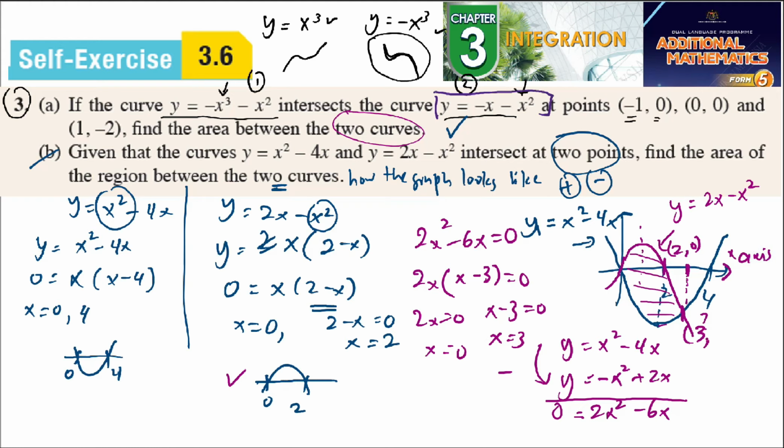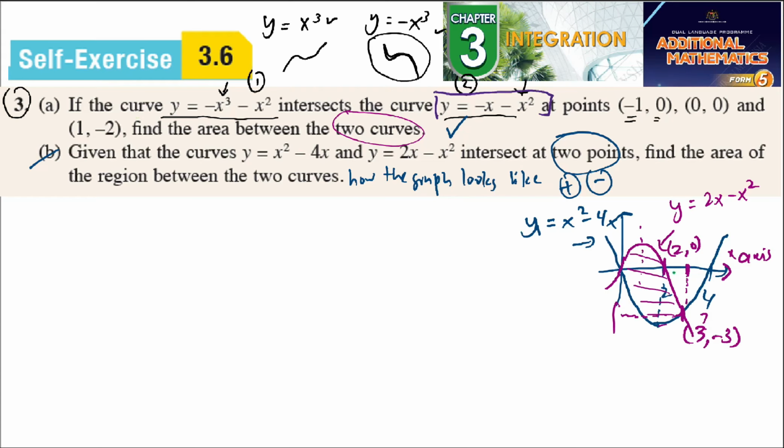But if you want to find it, you can just substitute the value of 3. When x is equal to 3, y is equal to 3 squared minus 4 times 3. 3 squared is 9, 9 minus 12 is negative 3. So this point is 3, negative 3.